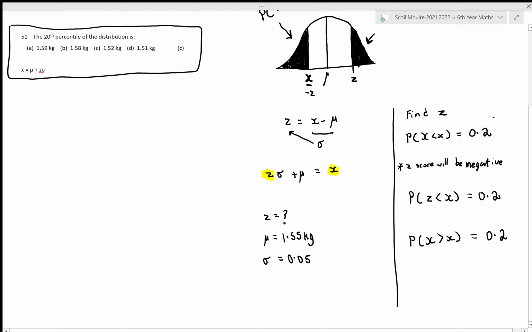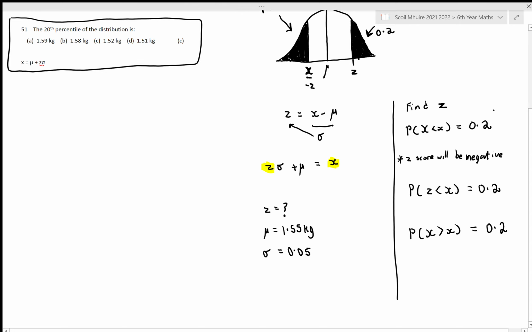So we're going to try and find this z-score. Our z-score tables only tell you the probability which is below a certain value.